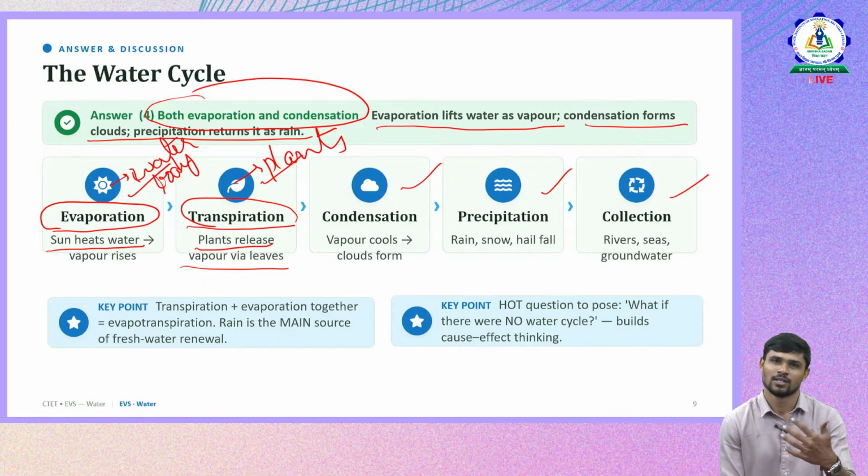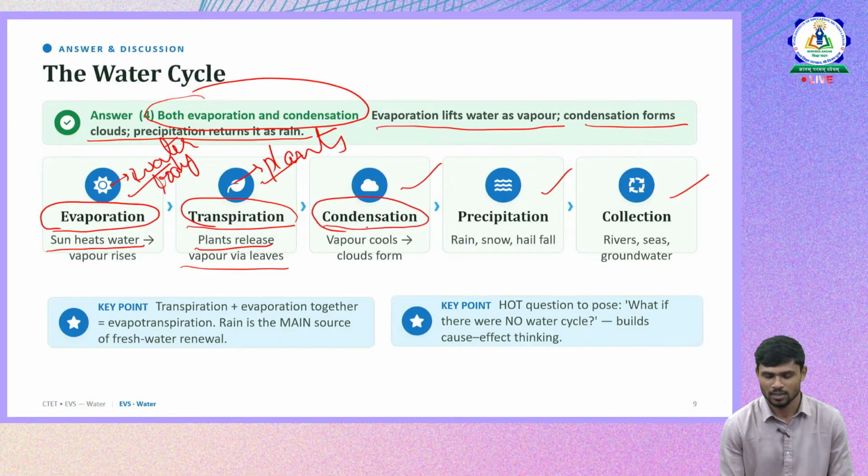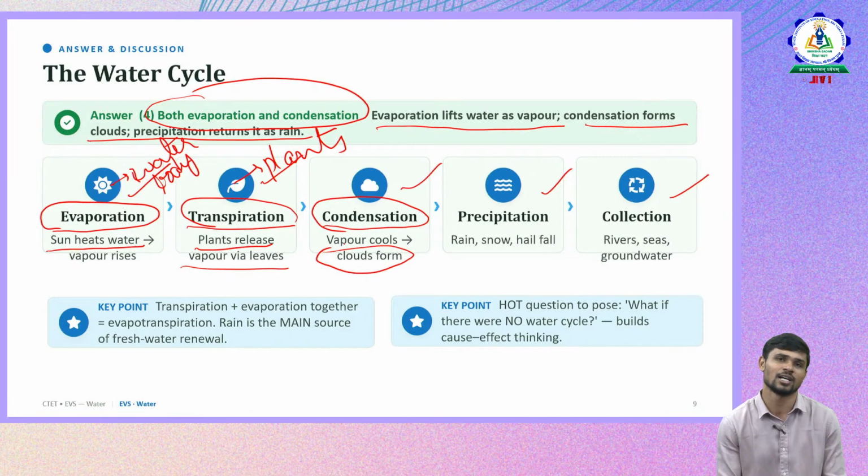Then once the vapors are cooled, through the process of condensation, clouds will be formed. So when this water vapor in the atmosphere gets cooled, through condensation the clouds will be formed. Then after that, precipitation is where larger molecules of water accumulate and start coming down from the atmosphere to the Earth's surface.